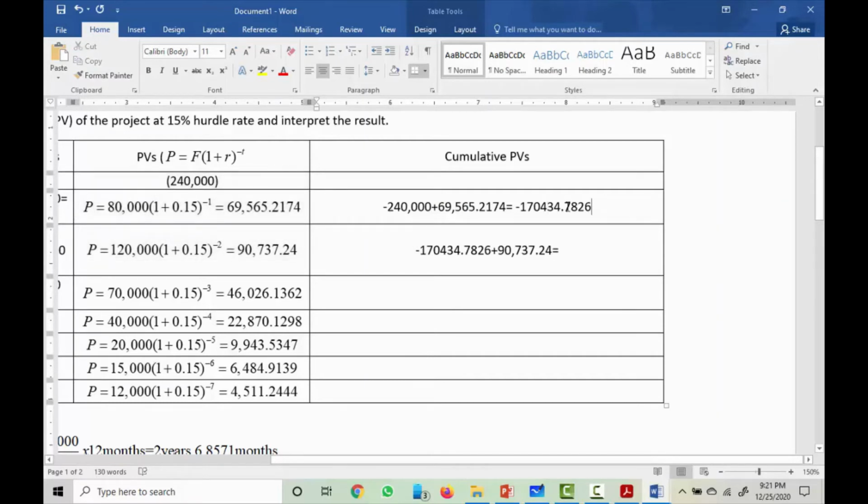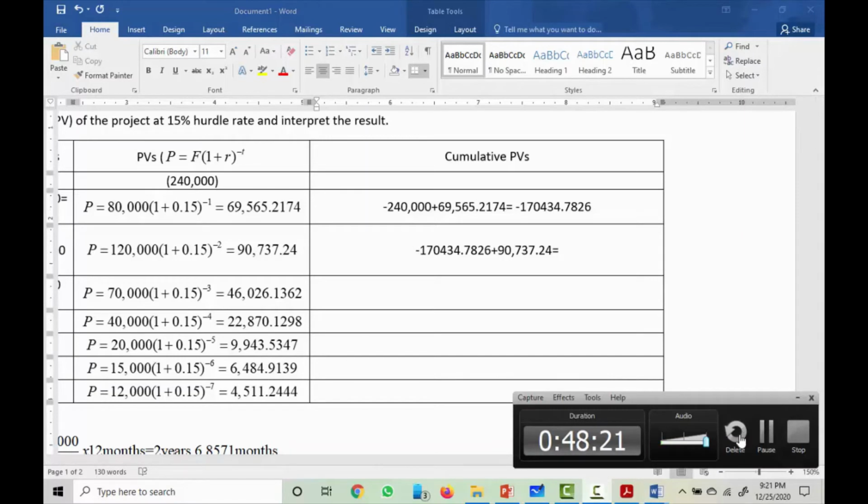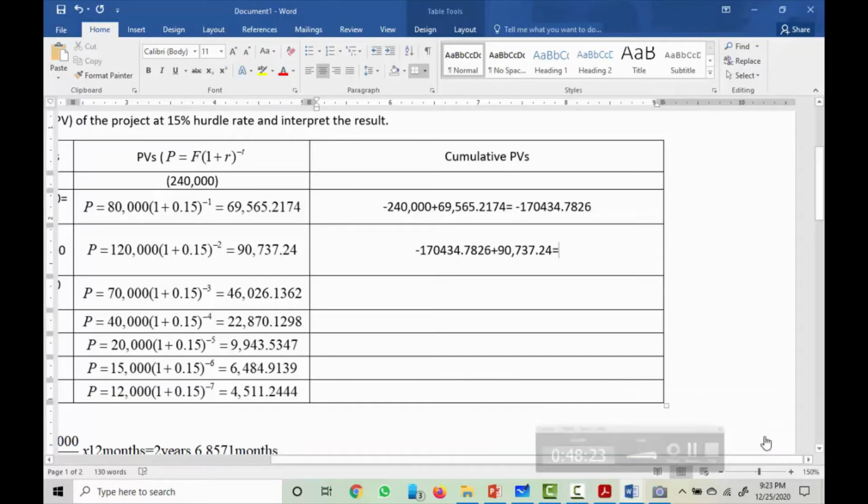Because this is the value that we get by adding the first two present values, and if you add the third present value, the answer will represent all three present values. So let us calculate this one.